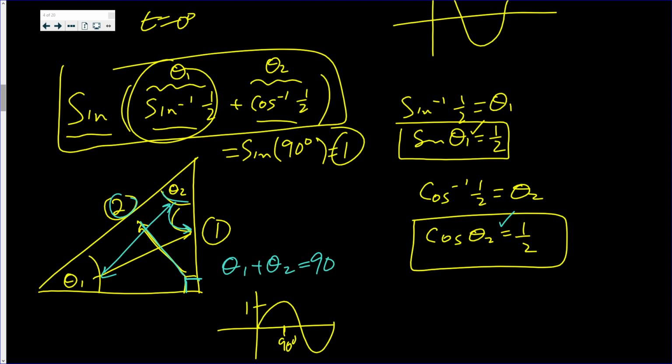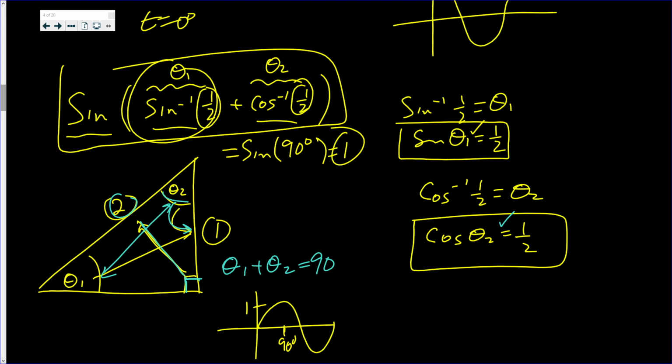That's just another way of saying that the angle is 90 degrees. If the sine inverse of some number plus the cosine inverse of the same number, that's going to equal 90 degrees, as long as those numbers are not outside plus or minus 1.